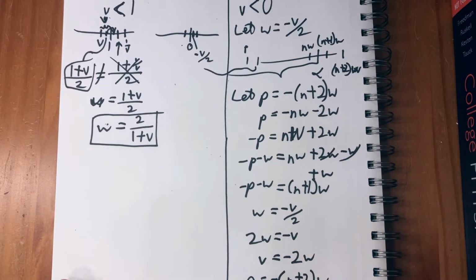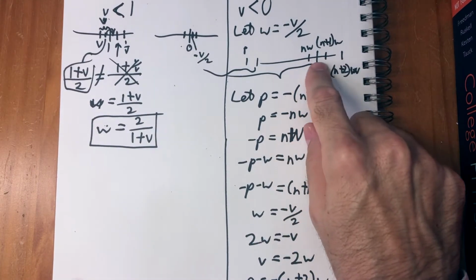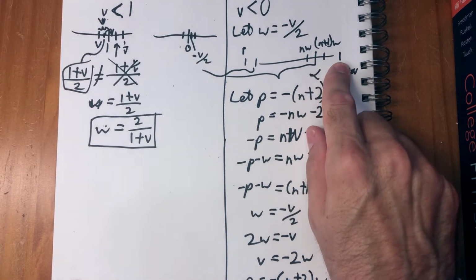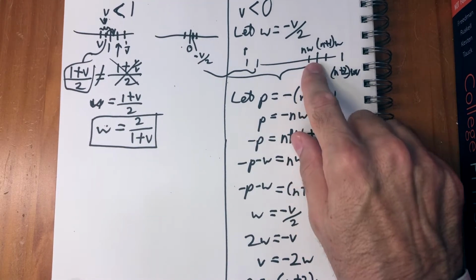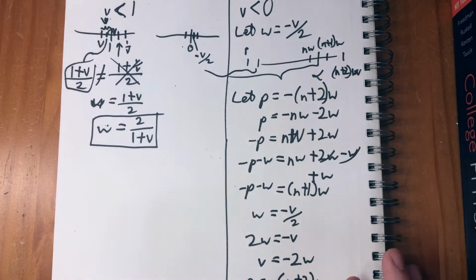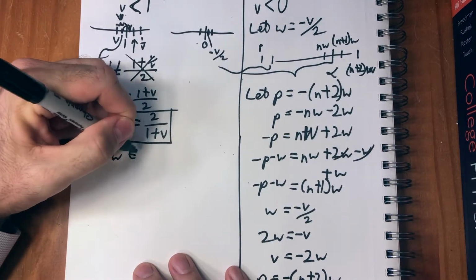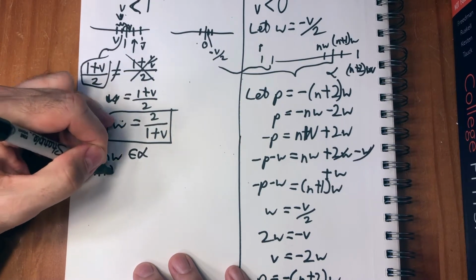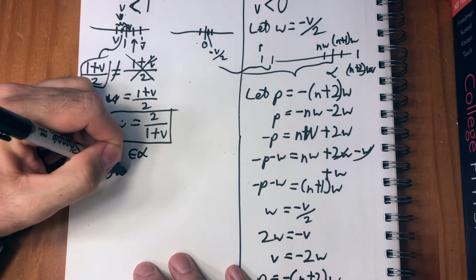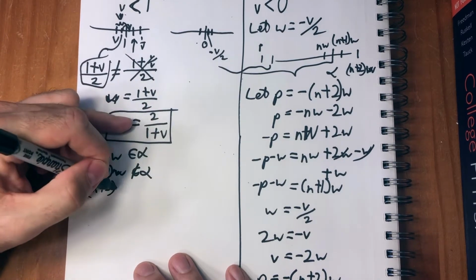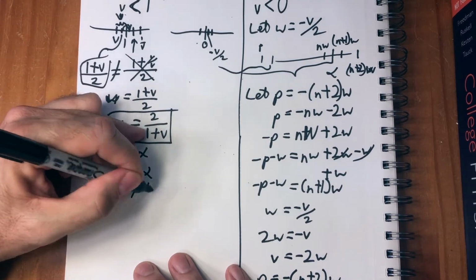Now, the next question is, do we want to use these values? This is how it was for the addition. We had nw, n plus 1 w, and n plus 2 w. That's what the Archimedean property allows us to do. Let's see what happens. So we have that nw is an element of alpha, n plus 1 w is not an element of alpha, and n plus 2 w is not an element of alpha.